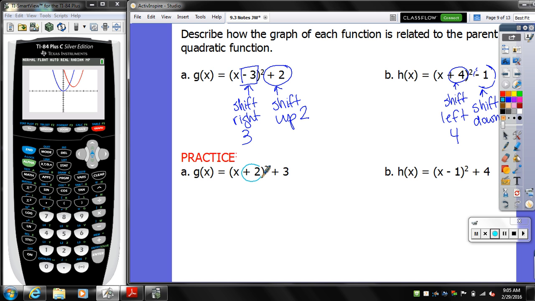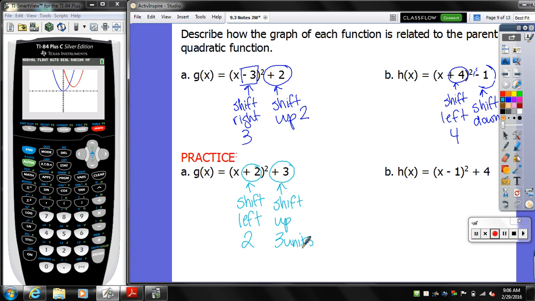So here we have a plus 2 inside our parentheses. So plus 2, because remember the ones inside the parentheses are backwards from what we would think. It's going to shift left 2 units. The plus 3 at the end means that we are going to shift up 3 units.